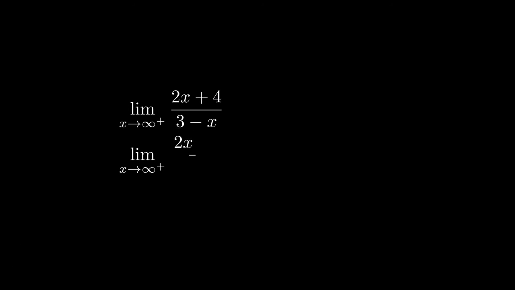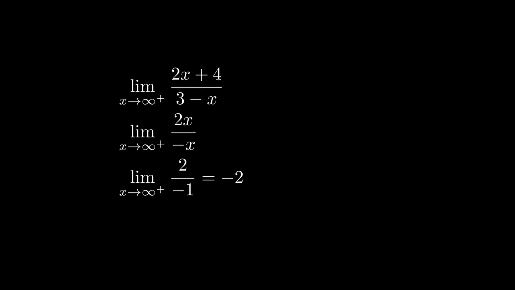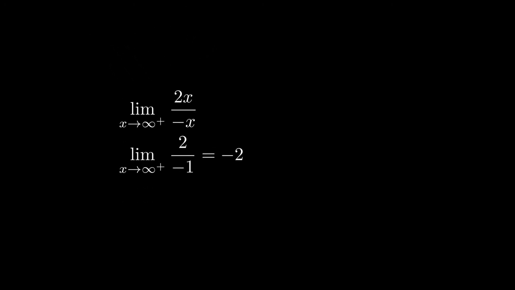They will have no significance on the limit. Then we end up with that fraction, and we can divide out the x, which leaves us with -2. So that is what the function approaches as x approaches infinity.